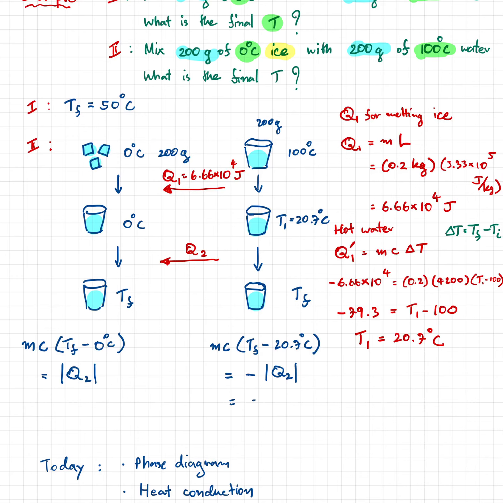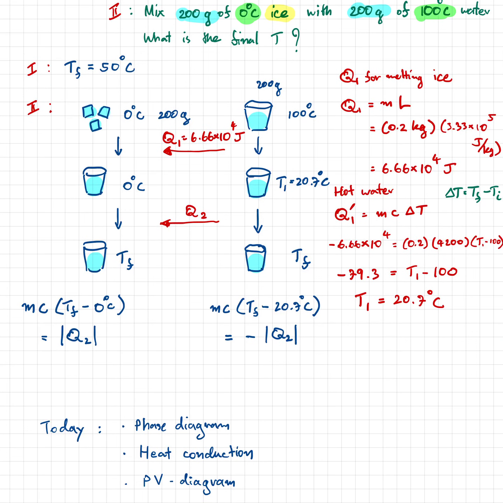So I cannot just write minus Q2 like this because Q2 from the point of view of the right hand side and Q2 from the point of view of the left hand side are actually opposite in sign, right? So by writing it like this with the absolute sign, I can be absolutely sure that I'm not messing up the sign of the heat transfer.